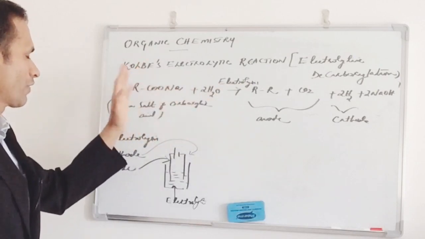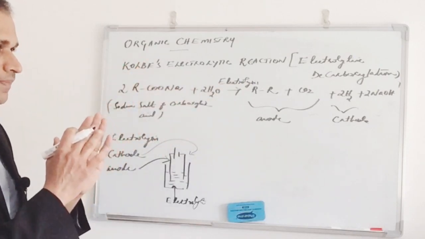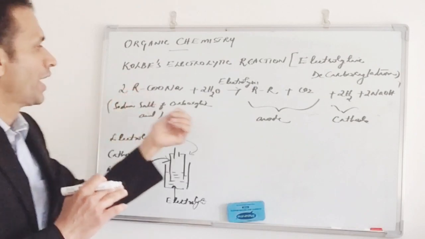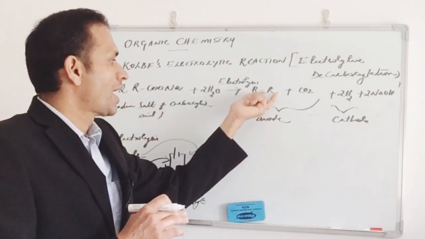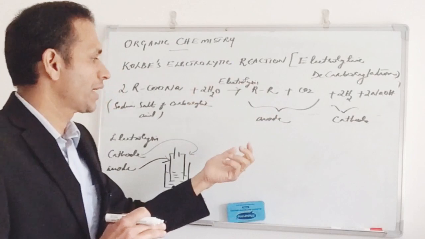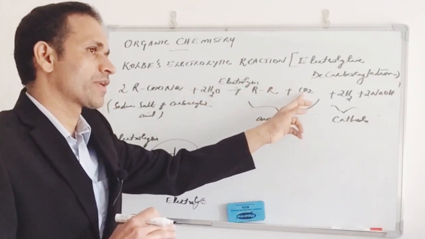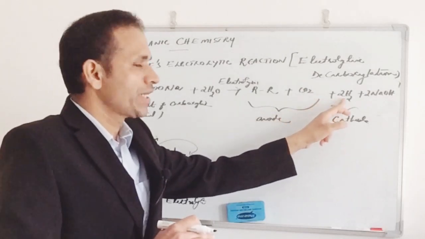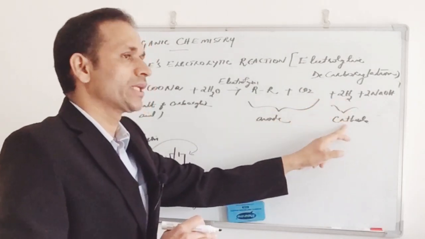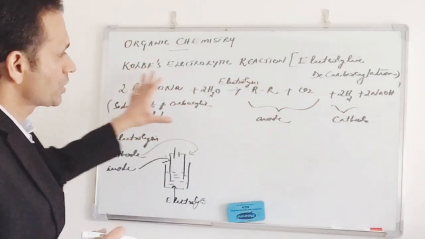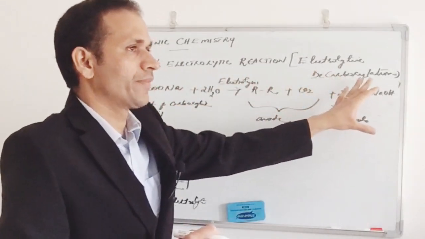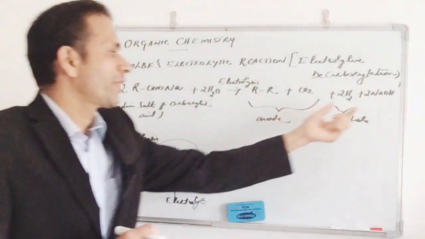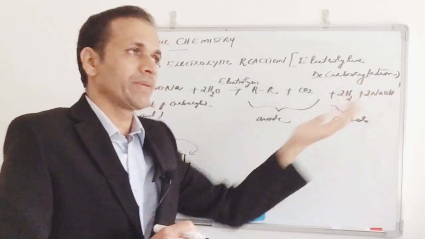The sodium salt of the carboxylic acid splits and forms an alkane, R-R. There is a liberation of carbon dioxide at the anode. At the same time, hydrogen gas will be liberated at the cathode. This is the general form of Kolbe's reaction. We will get sodium hydroxide as a byproduct.